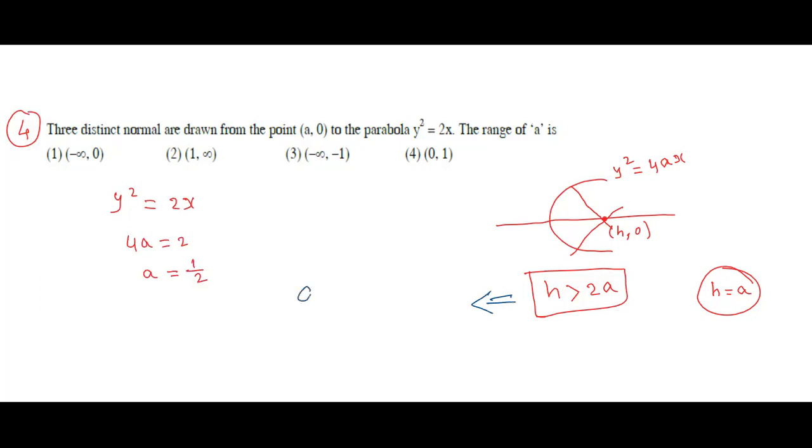H means a is greater than 2 into a, and a value is 1 by 2. Now it is a greater than 1. Then a belongs to the open interval 1 comma infinity. This is the range of a. This is a very easy question. Whenever you know this condition, you will get the answer within a fraction of seconds. Okay, second option correct.